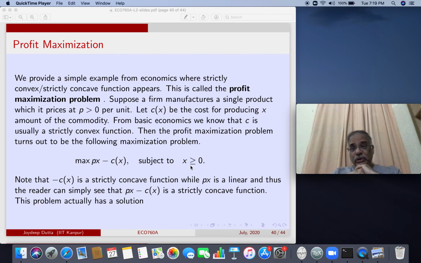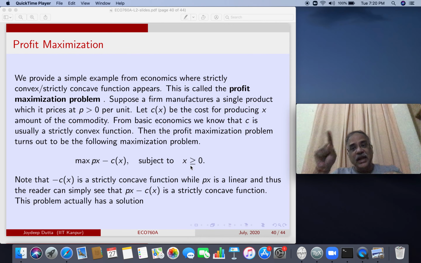If you want a cost function which will give you something like this, you really have to admit that minus C double dash X star is strictly less than 0, or C double dash X star is strictly greater than 0. So in a better way, it is always good to admit that I will take a cost function which is having C double dash X star, or the second derivative, strictly greater than 0.